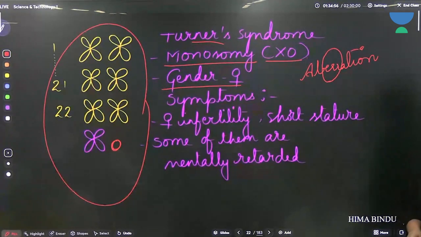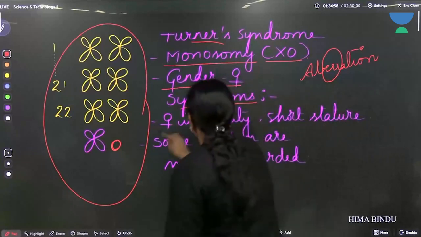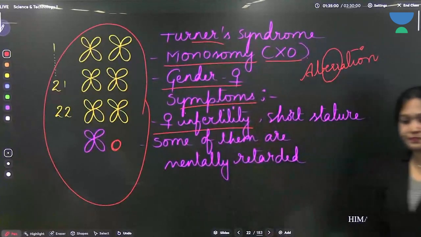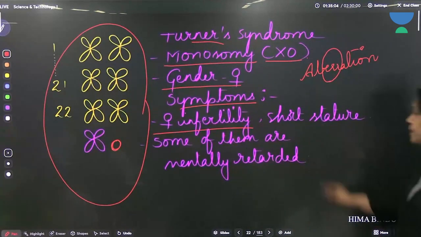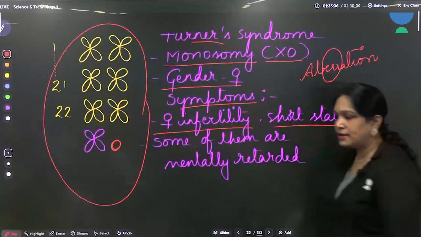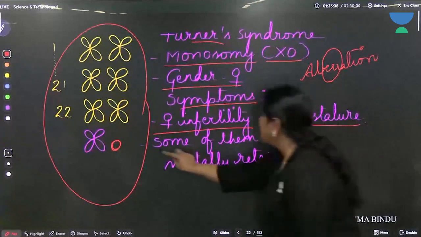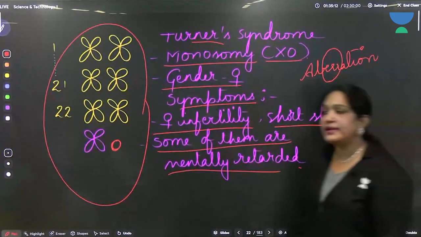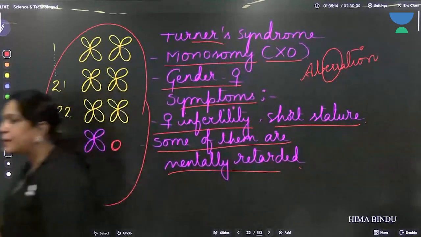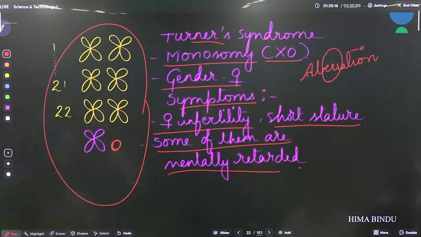Only one X chromosome is there now. So symptoms are infertility. I mean, she cannot reproduce and give birth to a baby. And short stature, height. Stature means height. Some of them are mentally retarded. This word is socially prohibited, but for better communication, to explain what I wanted to say, I'm using the word.